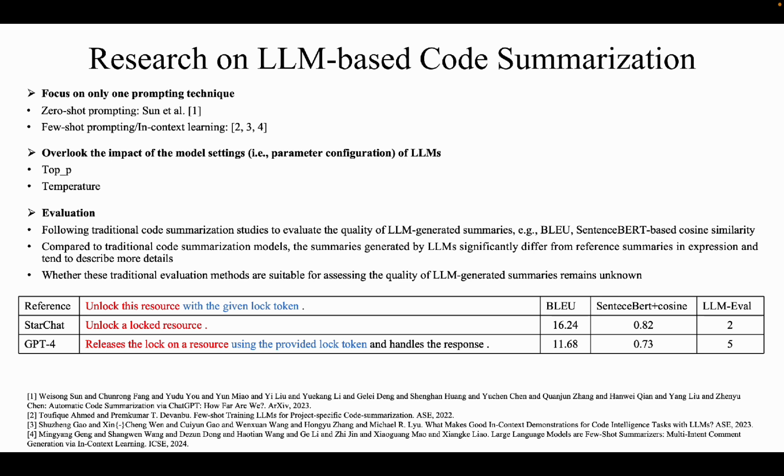This is not in line with human perception. So motivated by recent research in large language model-based evaluation, we also use large language models to evaluate code comments. In this case, GPT-4 achieves a score of 5, while StarChat only gets a score of 2.